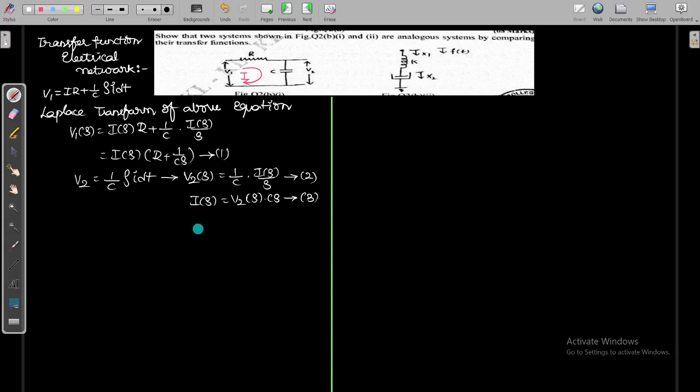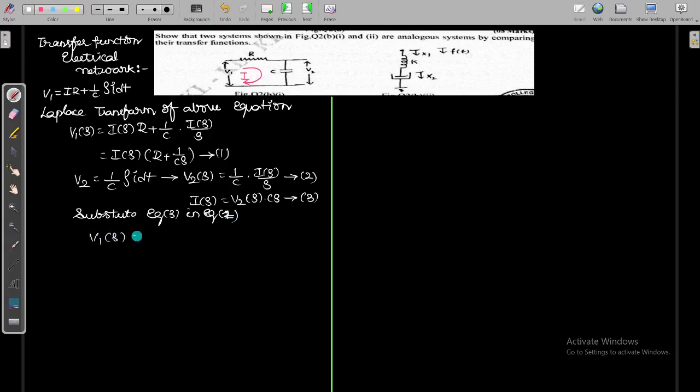Because the problem asks only in terms of the transfer function, you have to take V2 in terms of V1 or V1 in terms of V2. So substitute equation number 3 in equation number 1.